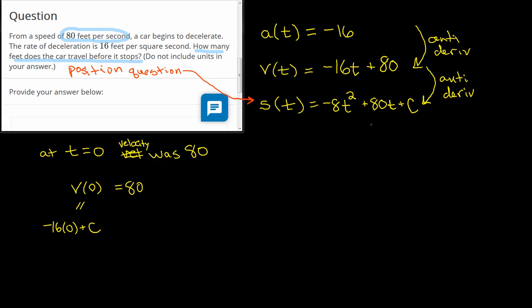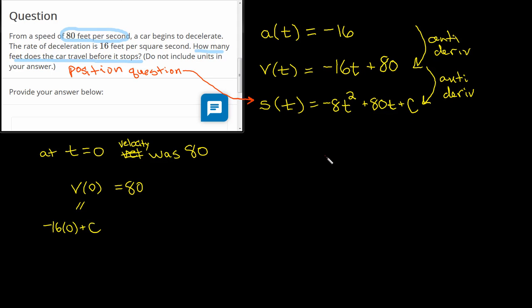But like we said before, the annoying constant is your initial condition. So since we're talking about position, the value of c should be our initial position. And the bad news is the problem doesn't tell us what the initial position is. So we might be in trouble.